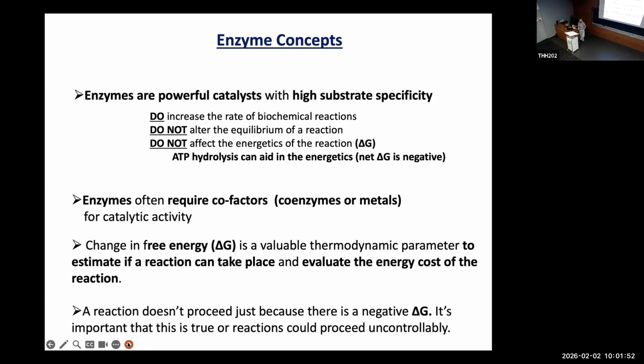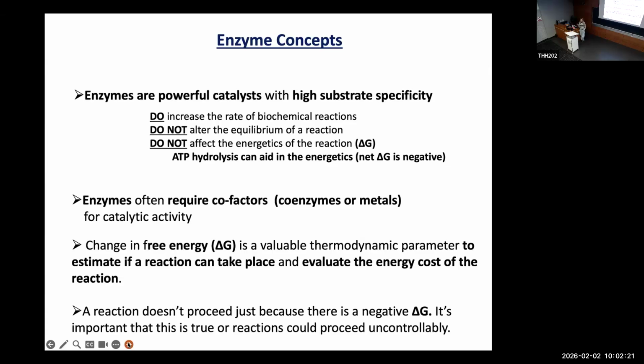So they're very specific to what they bind and the type of reaction they catalyze. So obviously, in terms of being a catalyst, they increase the rate of a biochemical reaction, much higher than those reactions would occur if there's no enzyme around. But they do not alter the equilibrium, meaning the equilibrium constant of a reaction, and they don't alter the energetics of a reaction.